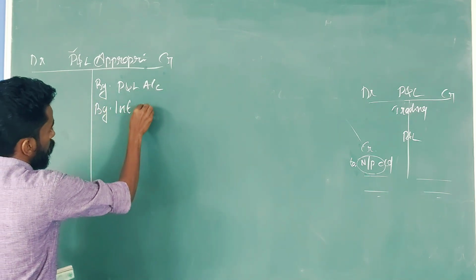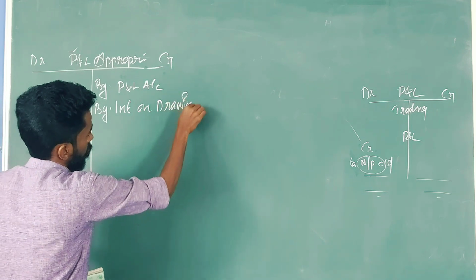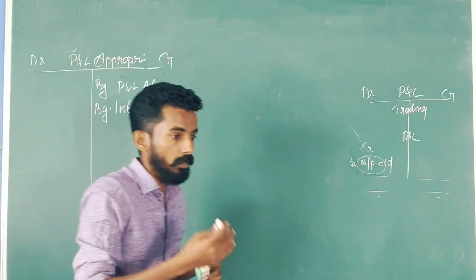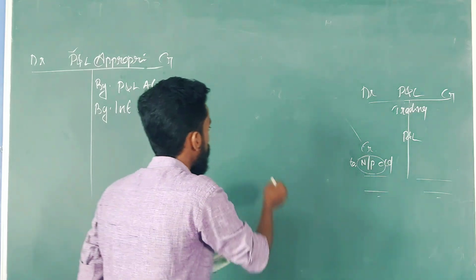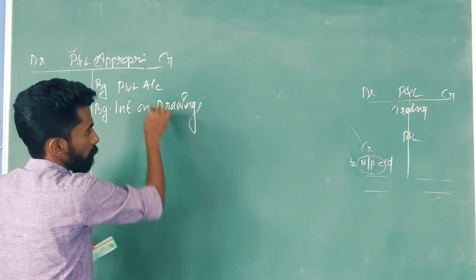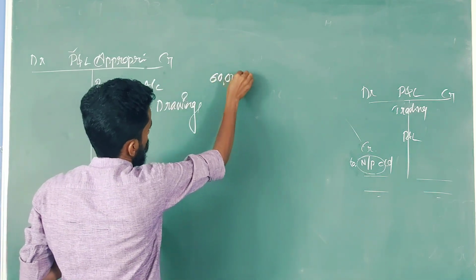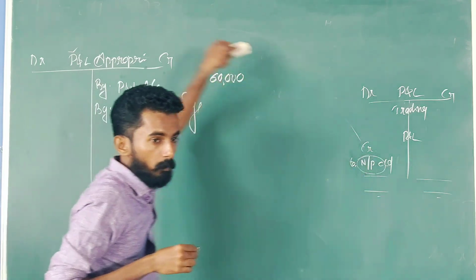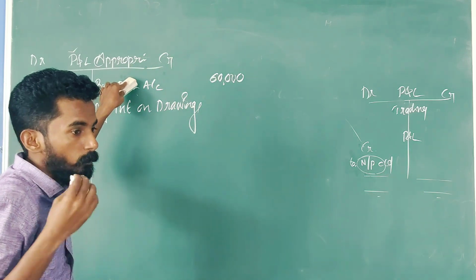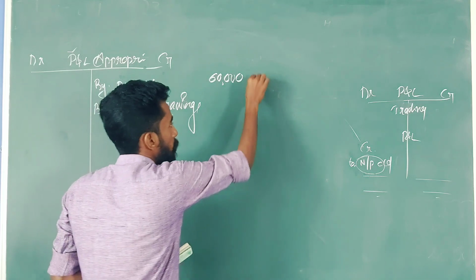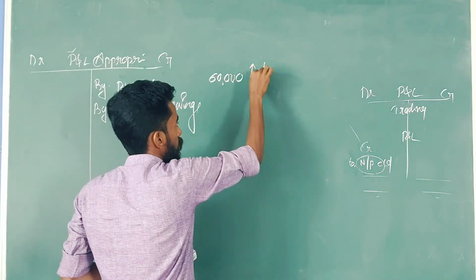Interest on drawings. When we are going to adjust interest on drawings, you have to think the profit balance is going to increase. Suppose imagine we got a profit of 60,000. Imagine I transferred this profit into appropriation account. Correct? So when we adjust interest on drawings, our profit balance is going to increase or decrease?